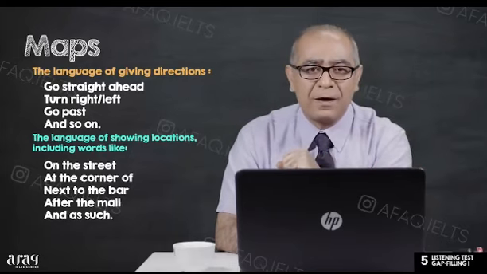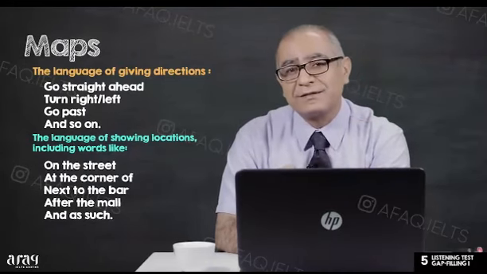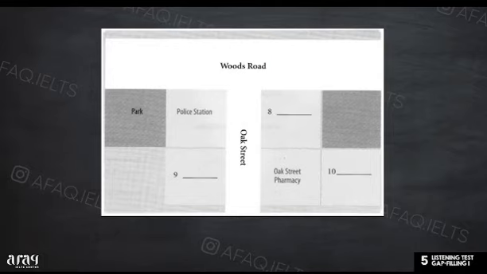Let's look at an example and try to do this test. This is a dialogue between a clerk at Clark's Bike and the customer. From the map, you can see the different blank spaces that you have to fill in. As we said, the words that are on the illustration, for instance, Oak Street, Woods Road, Park, and the police station, are your keywords.